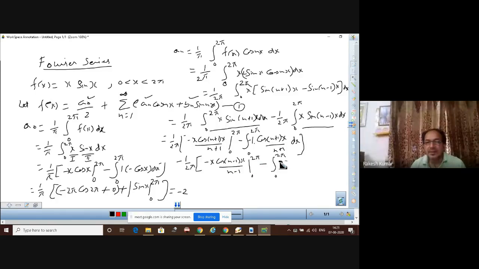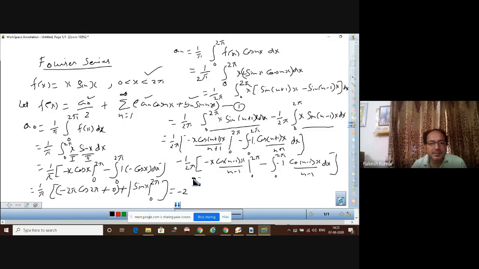Derivative of x comes out to be 1, and integration of sine comes out to be minus cos of (n minus 1)x upon n minus 1, dx. Remember, the limits in this question are 0 to 2 pi, because this is the interval in which we have to find the value of the Fourier series. Now you will substitute the limits.